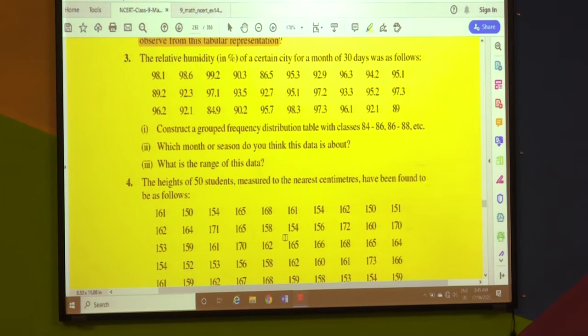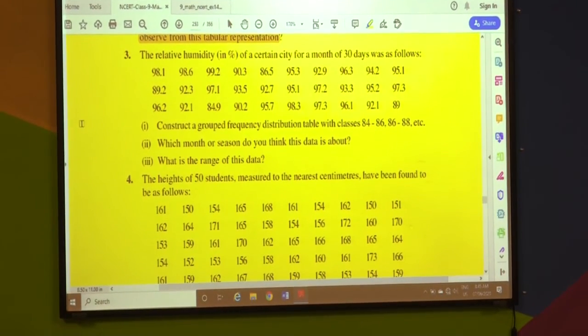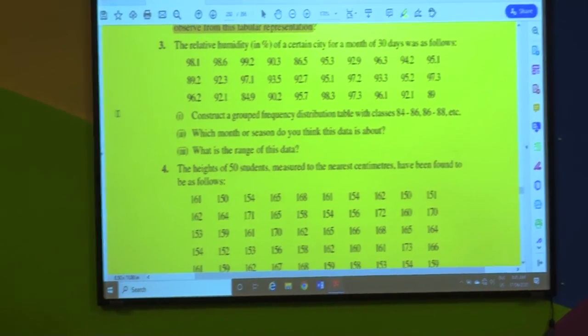The third question: the relative humidity in percent of a certain city for a month of 30 days was as follows.